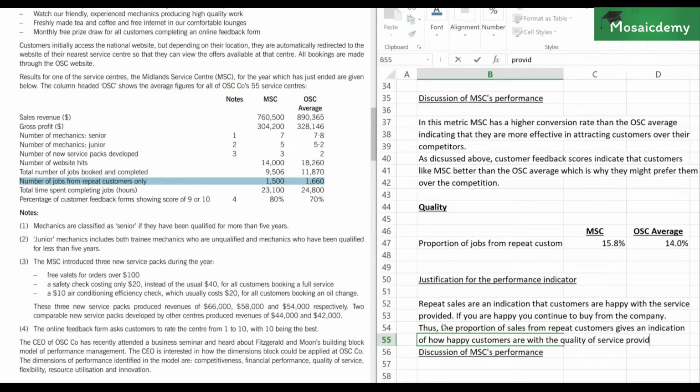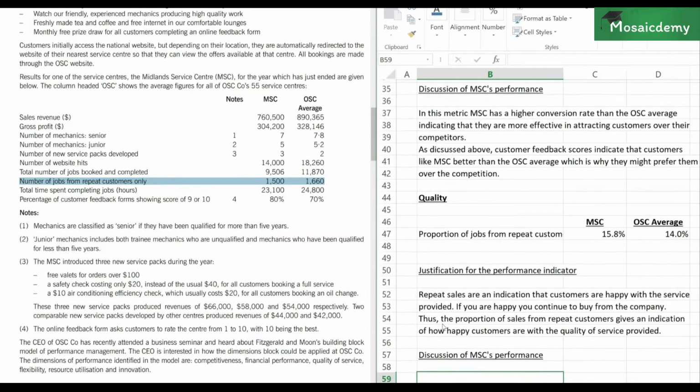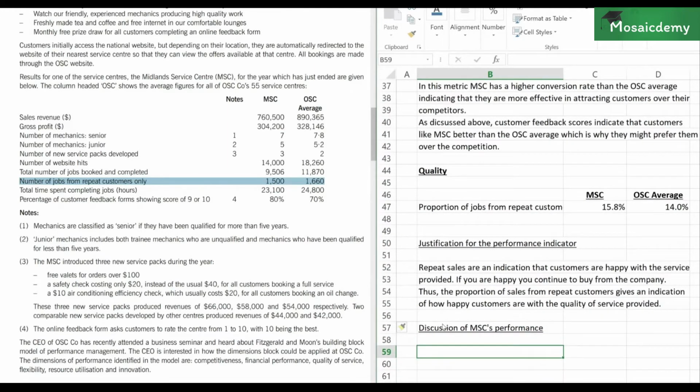Okay, and let's just talk about the discussion. Once again, they have a high rate. MSC has a higher rate or proportion of repeat sales as compared to the OSC average.